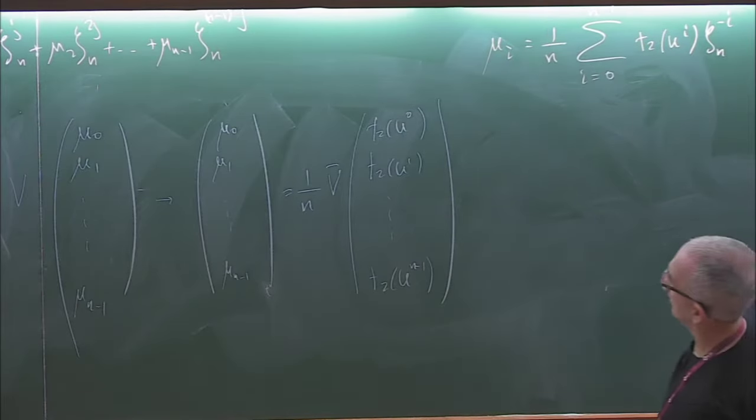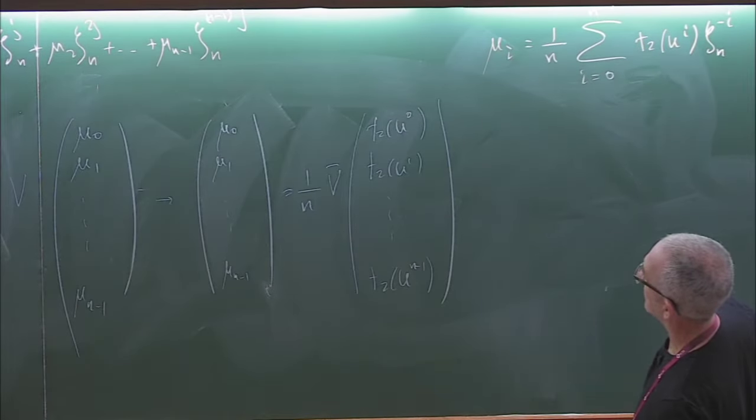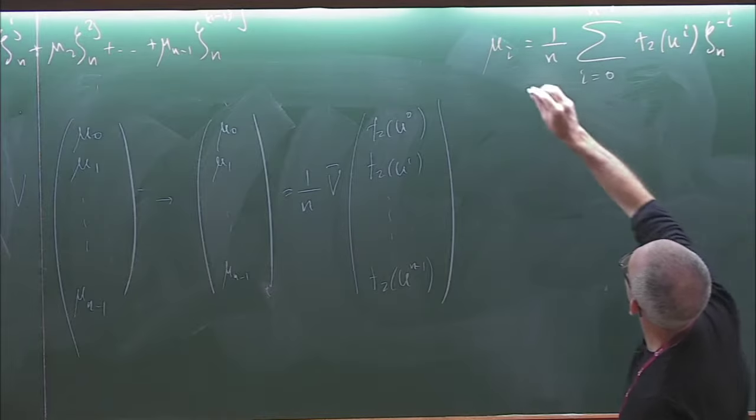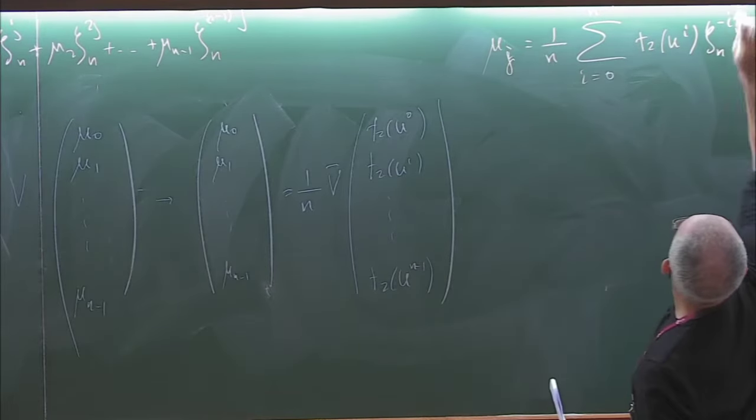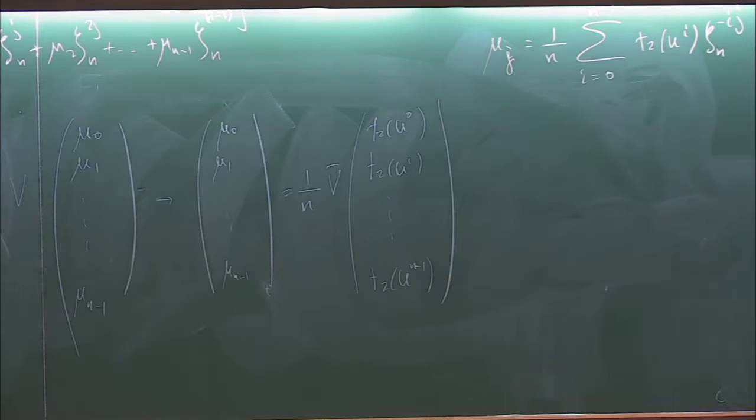So the multiplicity of theta n to the j is exactly that.